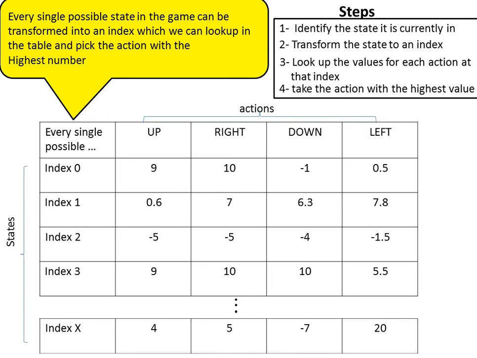So it identifies which state it's in, and then it transforms this state into an index that it can go to in the Q table. It refers to that index, looks at the 4 values for the 4 actions at that state, and picks the action which has the highest value.